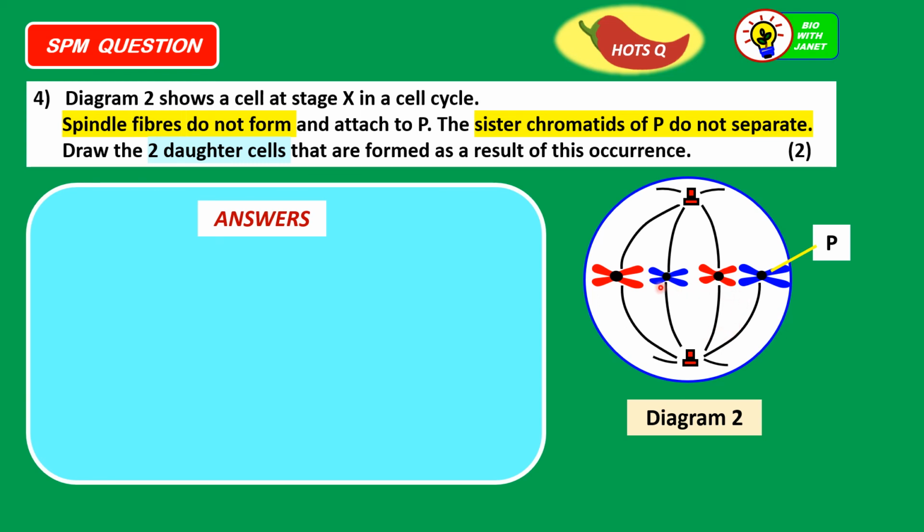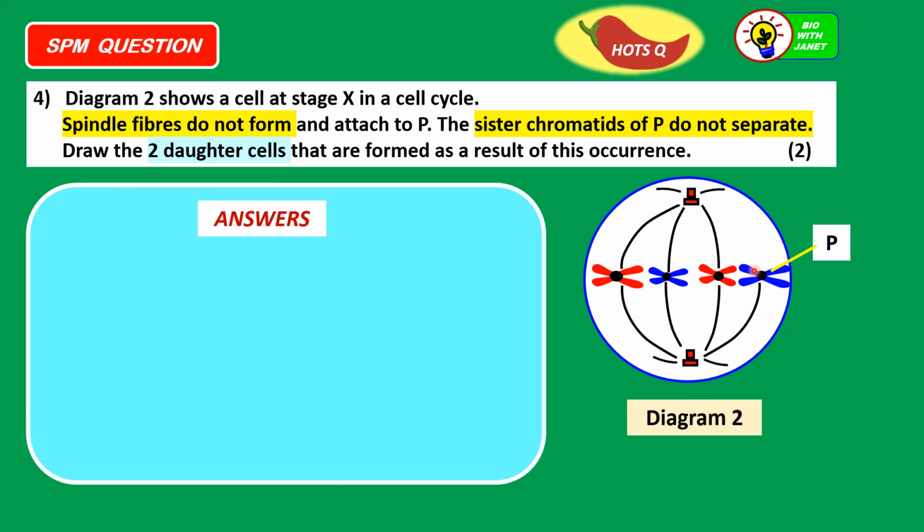To predict the result, use your imagination to imagine anaphase. What happens in anaphase? In anaphase, the sister chromatids will separate from each other and move to opposite poles. So it will occur for these 3 chromosomes. All right, sister chromatids will separate and move to opposite poles. But for the last chromosome, it's not the same. For the last chromosome, the 2 sister chromatids will be pulled to the pole below here.